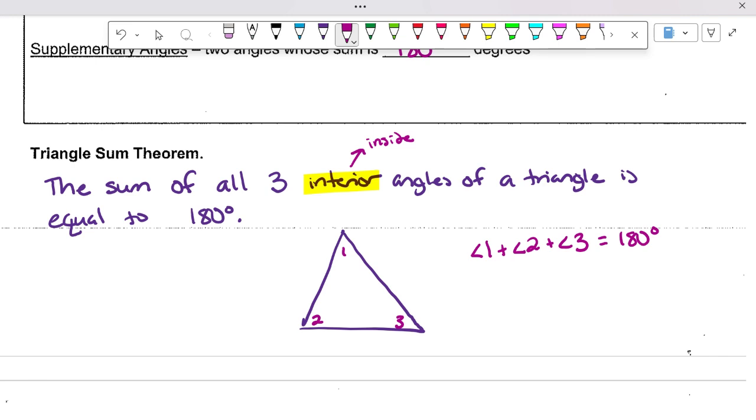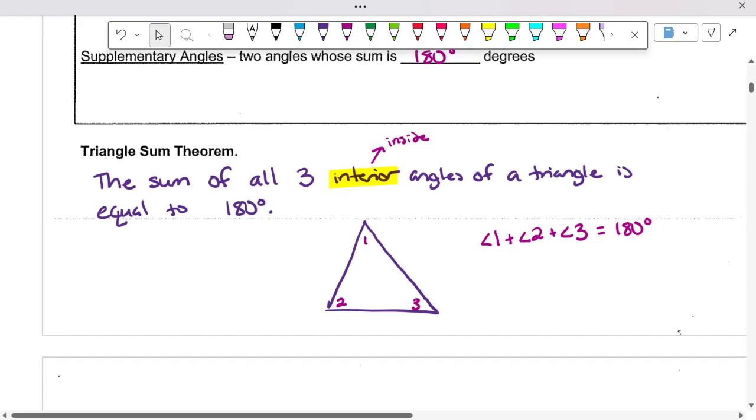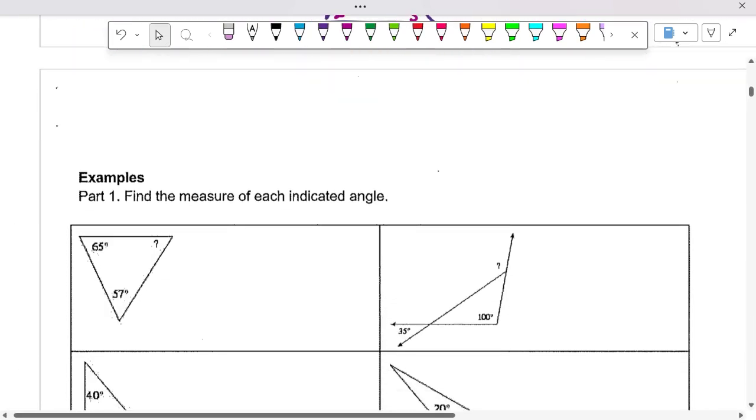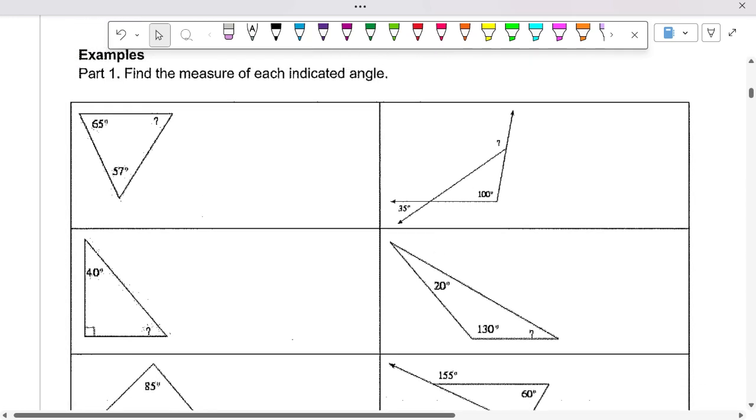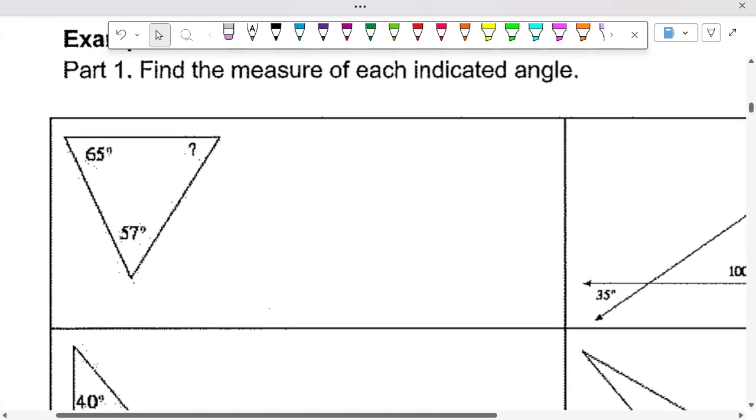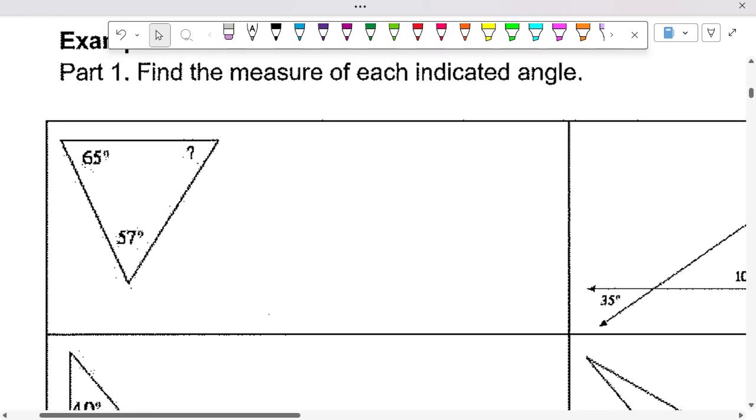if you add up all three of those angles, they should equal 180 degrees. So let's do some practice with that. Let's look at this very first example. They gave us two angles, and they want us to find the third. So what do you think I'm going to do? Add them up and subtract them from 180.